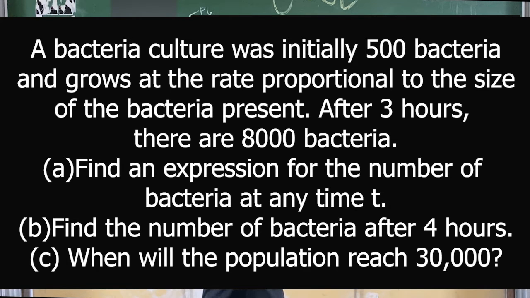After 3 hours, there are 8,000 bacteria. A says find an expression for the number of bacteria at any time t. B says find the number of bacteria after 4 hours. C says when will the population reach 30,000? That's the C part.